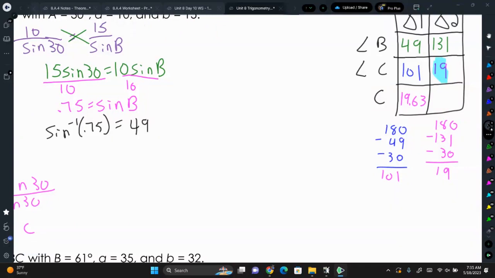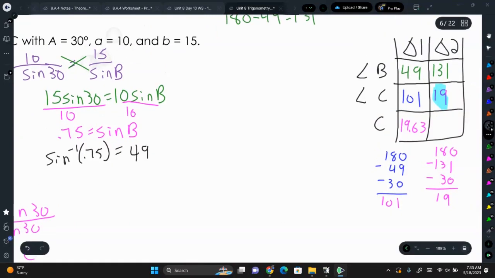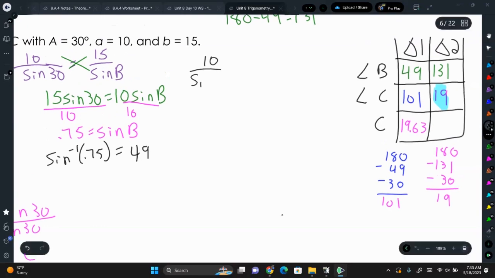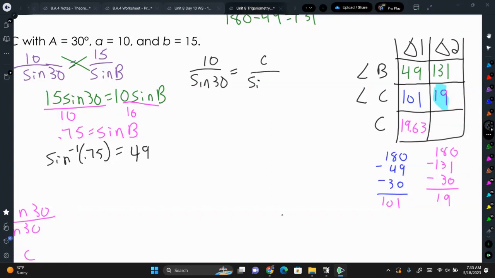So we have our given side, 10 over sine of 30 equals C over the sine of 19 degrees. Cross multiply, so 10 times the sine of 19 degrees equals C times the sine of 30.